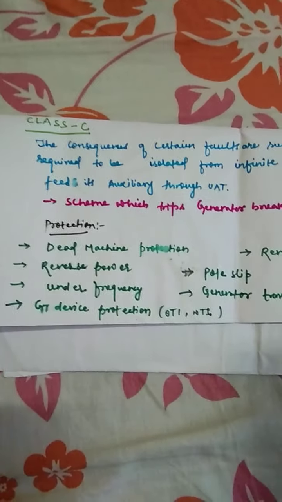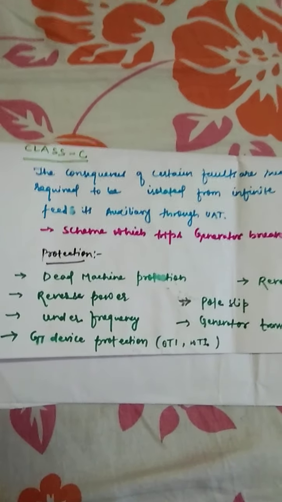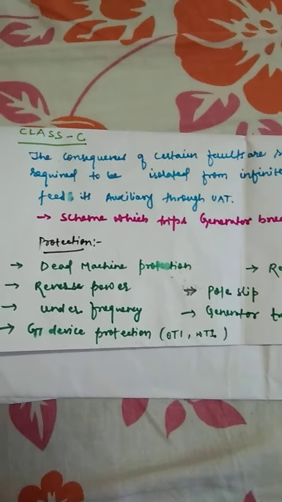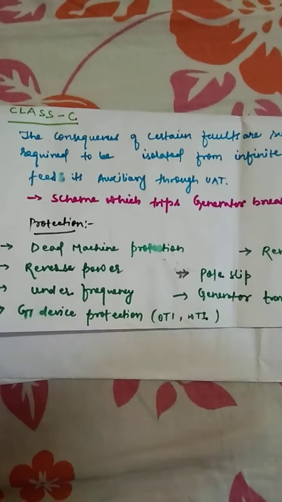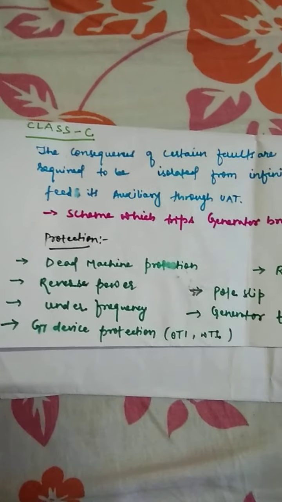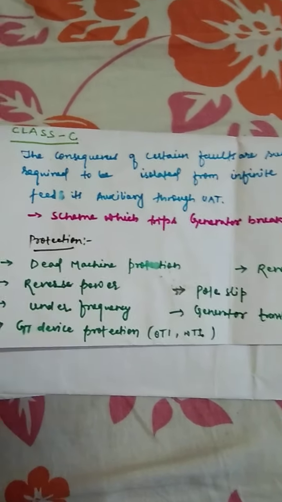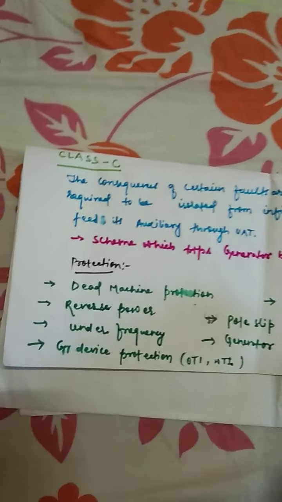So normally class C is basically protection for the infinite bus. Suppose the infinite bus has some problem, the infinite bus has tripped, then in that case we isolate the generator breaker from the infinite bus while the generator rotates and supplies the auxiliary through the UAT.